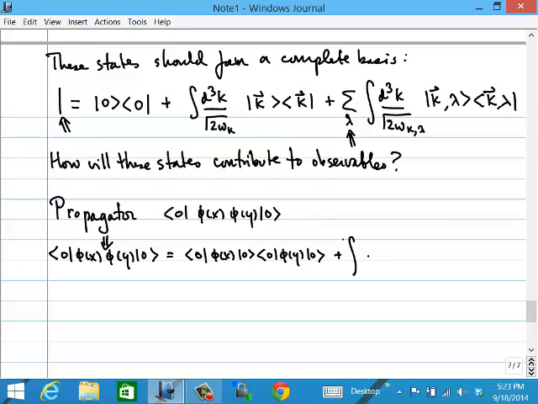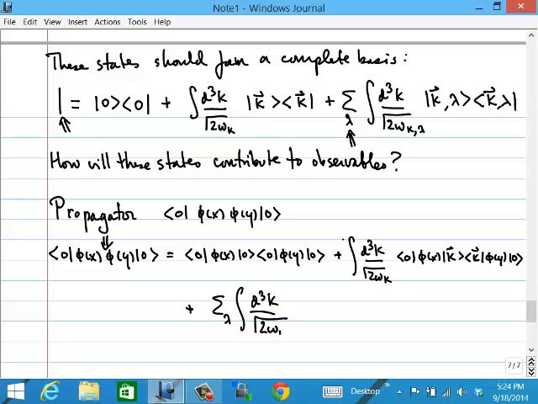The second term is a similar expression where the intermediate states are now one particle states. And then finally, there will be some complicated contribution coming from all of the multi-particle states.